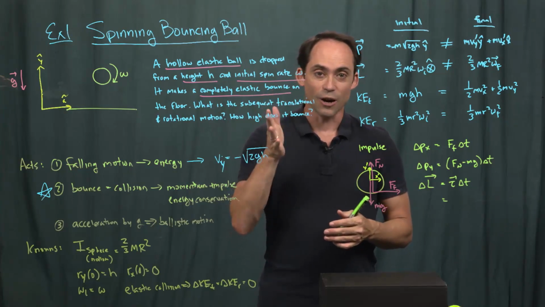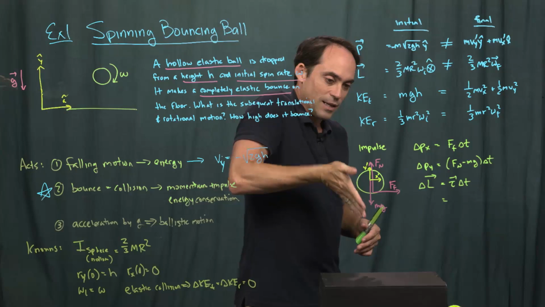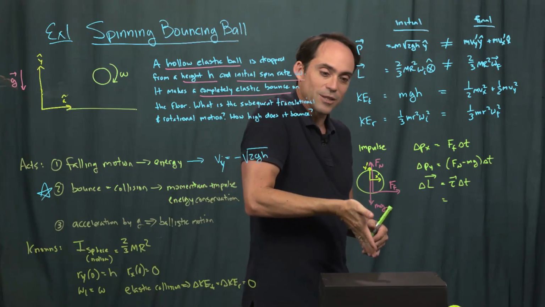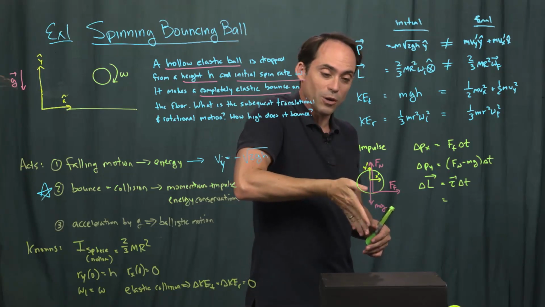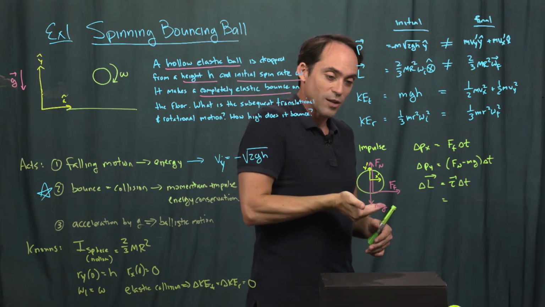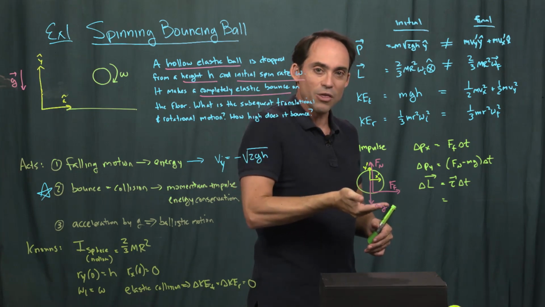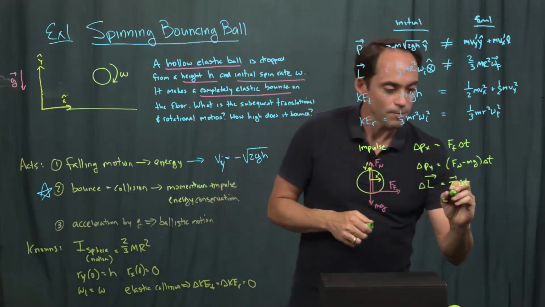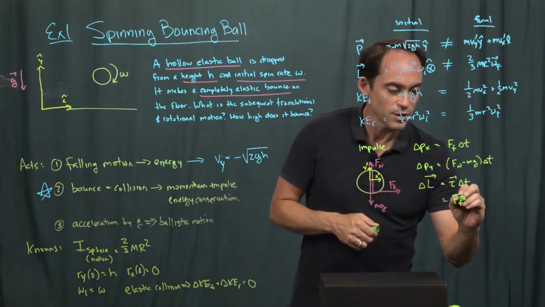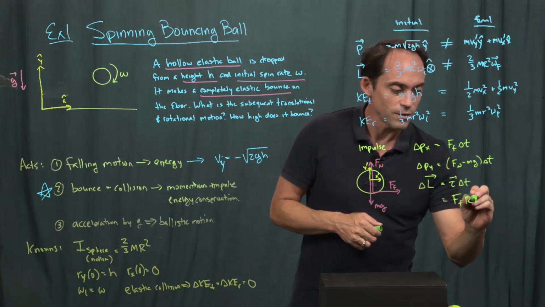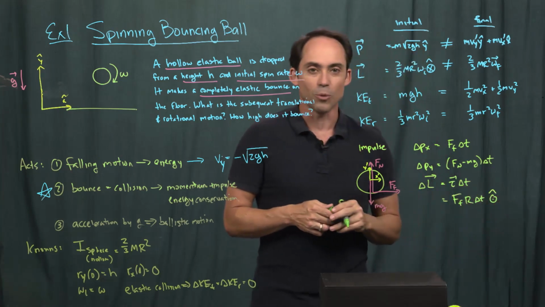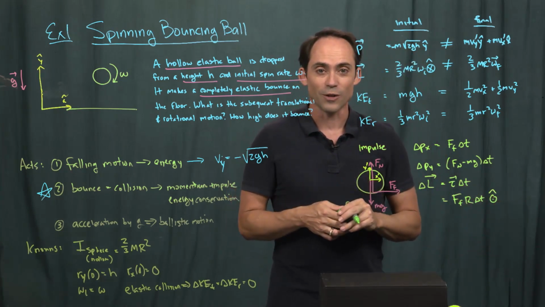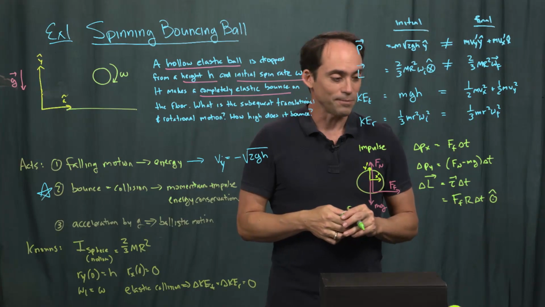And again, using our right-hand rule, we can point down, and that's the direction from the origin to where the forces contact, cross our force, and you can see my thumb is pointing out toward you, and so this is going to be the friction force times the radius of the ball times delta t, and the direction is our out of the board vector, toward you. That's the point of the arrow coming right at you.